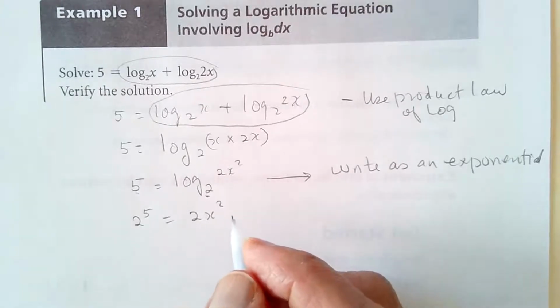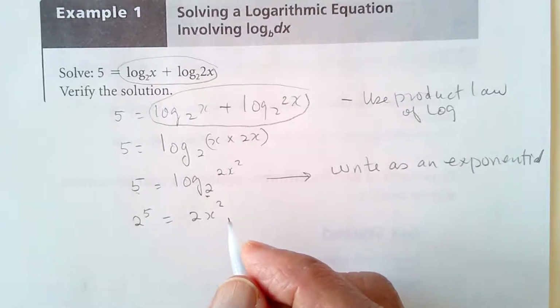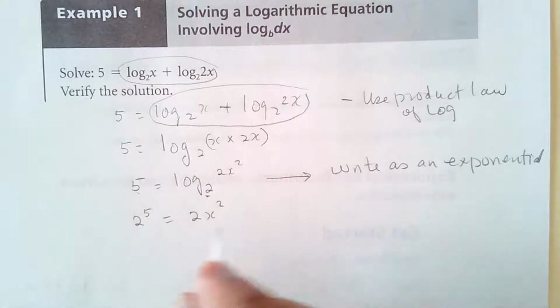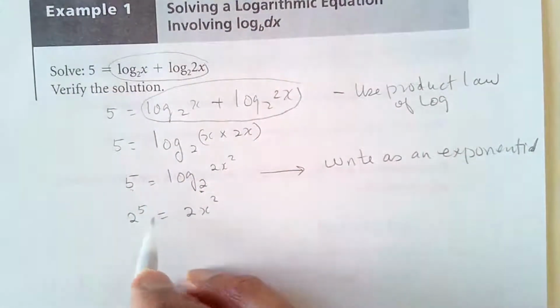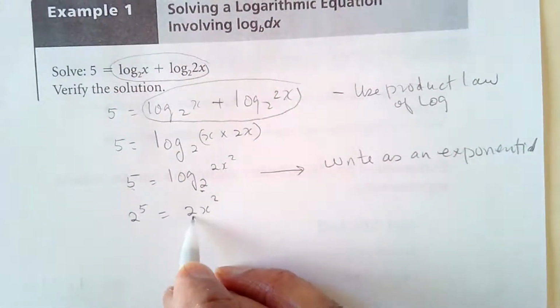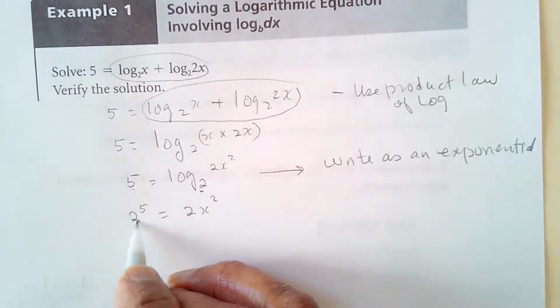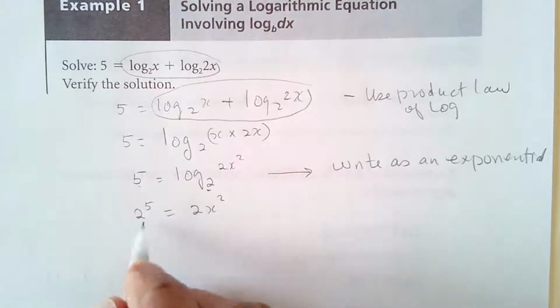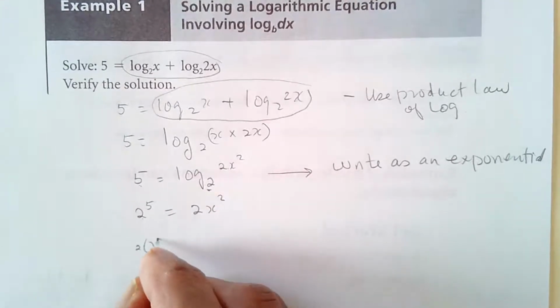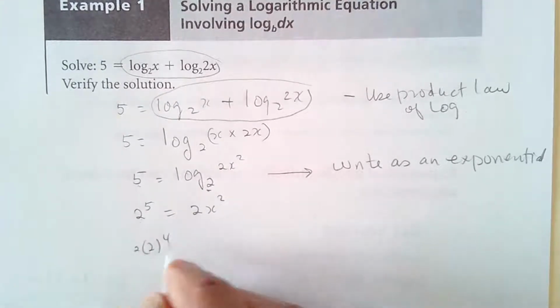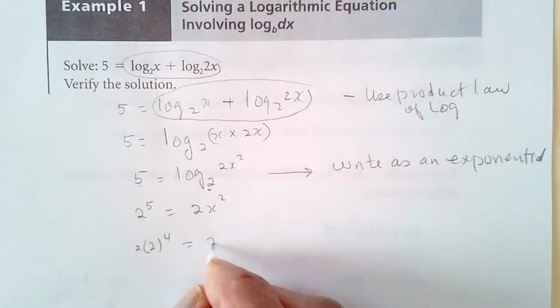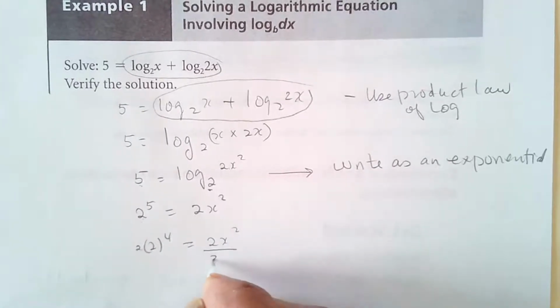Now I will solve for x. I can simplify this further by dividing both sides by 2. Just remember, 2 to the 5 is basically 2 times 2 to the power of 4, which makes it easy to see. It becomes 2x squared. Now divide both sides by 2.